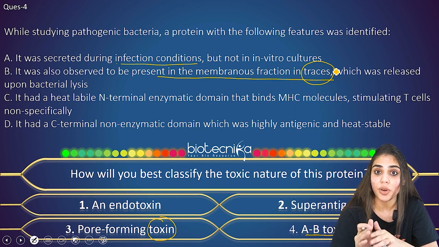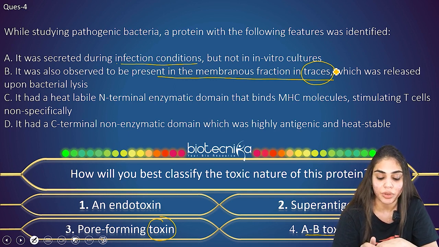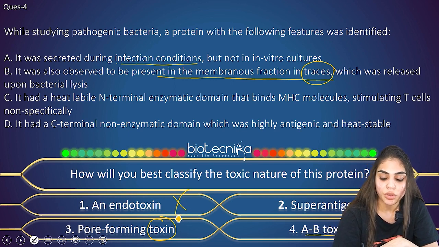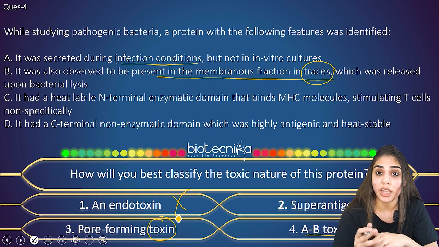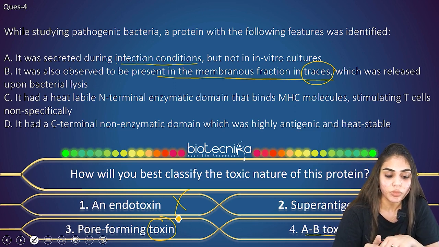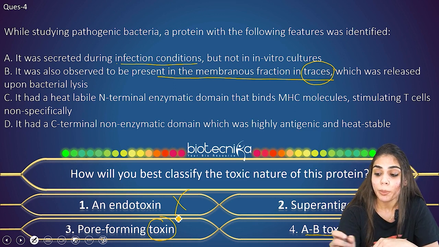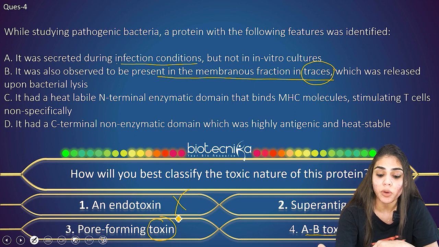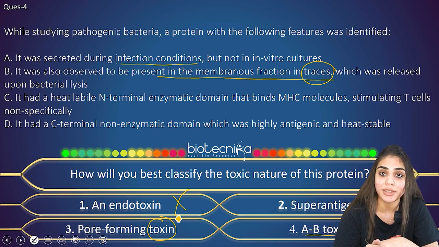Endotoxin is produced in more amount in bacteria, not in traces, and it is released upon bacterial lysis. So from the second statement, we can make out that the endotoxin option is incorrect.